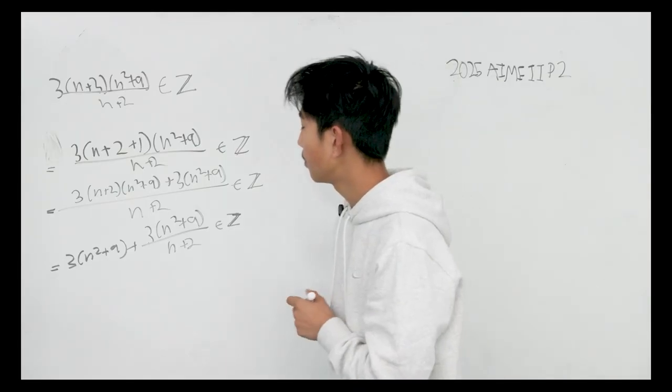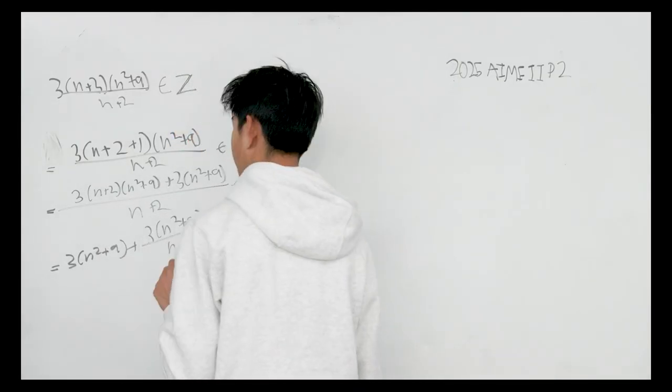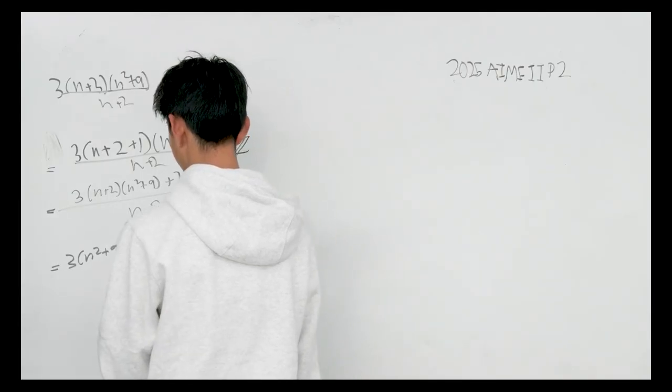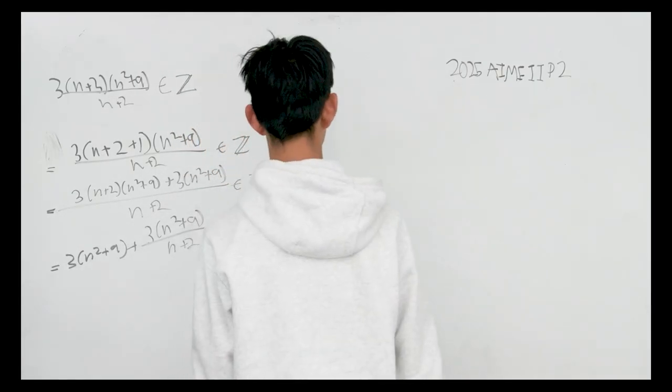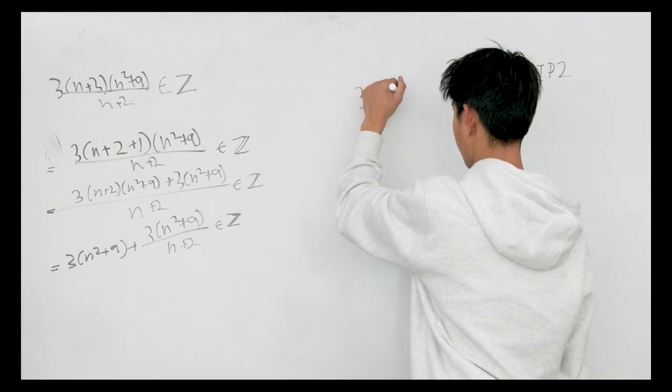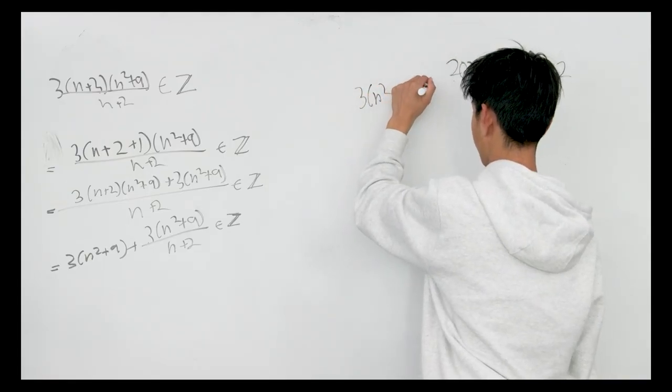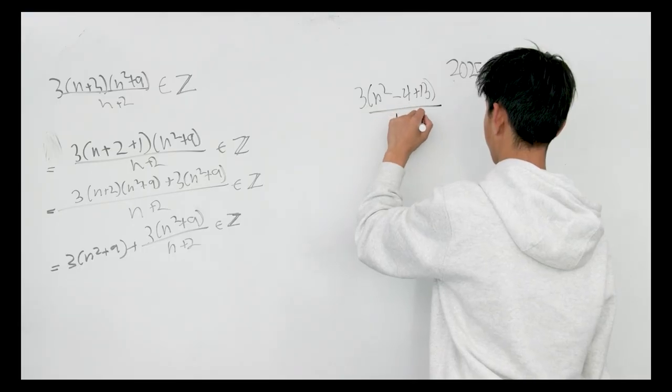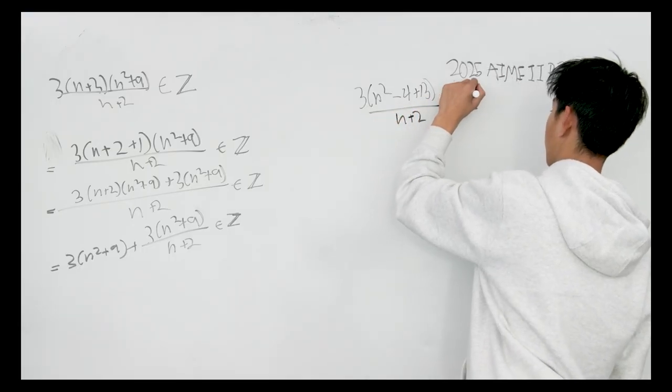What we can do is put all of this back under the n plus 2 to get 3 times n squared minus 4 plus 13, over n plus 2, and this property remains the same.